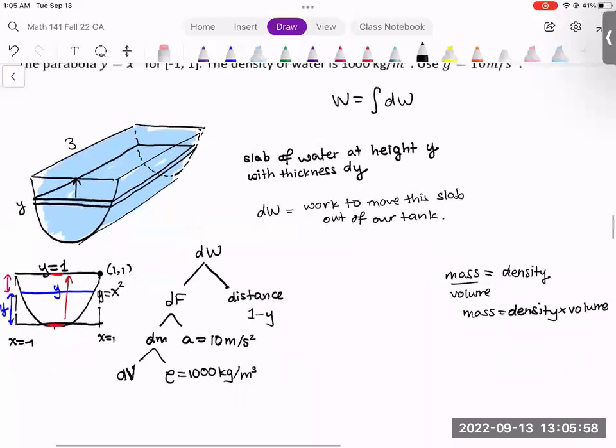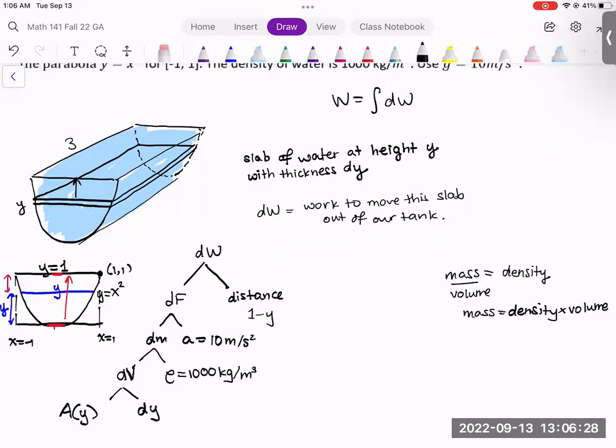Now, if we take a look at our slab, we can approximate the volume using the cross-sectional area because it's really thin. The cross-sections should be pretty similar along the top and the bottom of the slab and throughout. So we're going to take the cross-sectional area of the slice at height y times our thickness dy.